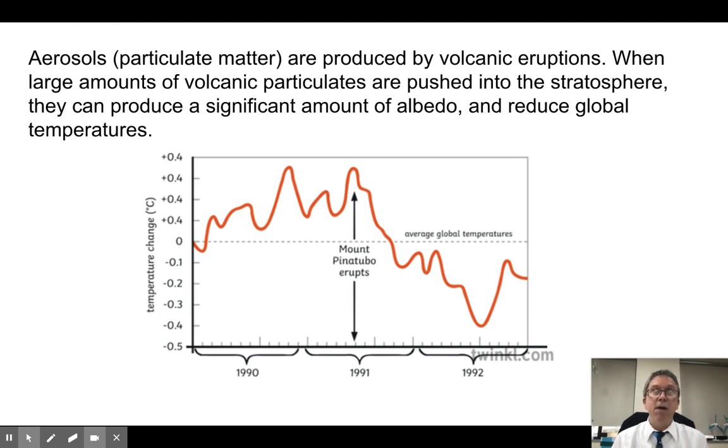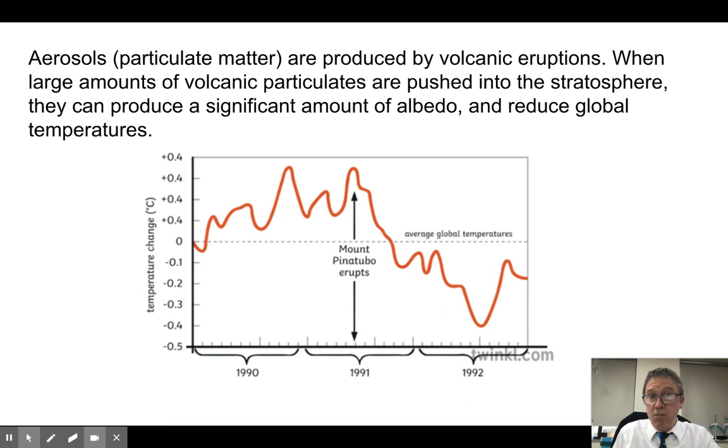So, powerful volcanic eruptions like, say, Mount Pinatubo or Mount El Chichon in the 80s or Krakatoa. When we have a large volcanic eruption, a cataclysmic one, it puts a significant amount of aerosols into the stratosphere. And in the stratosphere, remember, there's not any wind. So these things just sort of blanket the Earth, and they can stay up there for quite a bit of time.